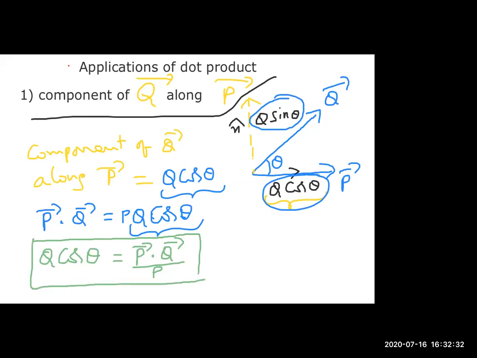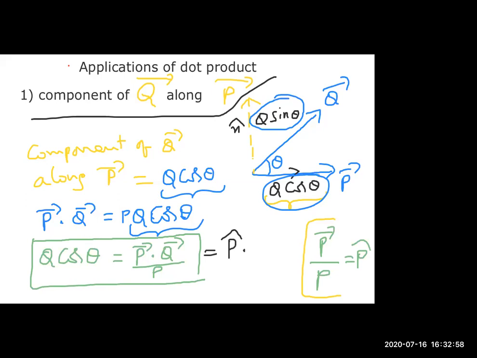I also have the information that P bar by P, where P is the magnitude, a vector by its magnitude, is also called a unit vector. By that information, finally what I can conclude here is that P bar by P is nothing but P cap.